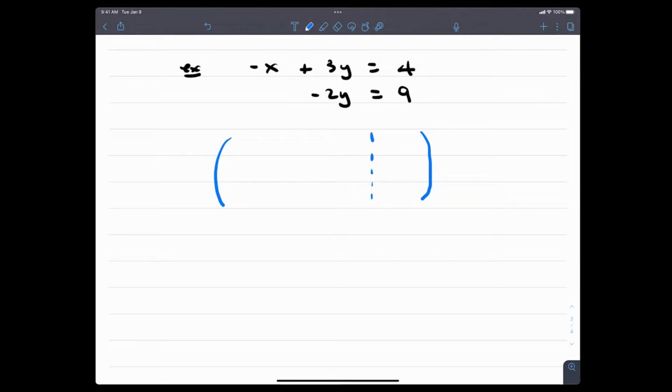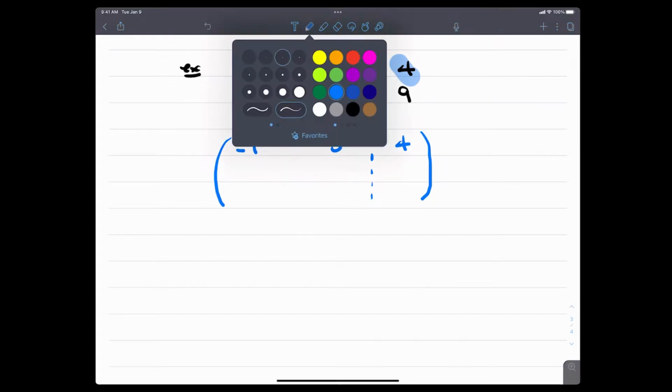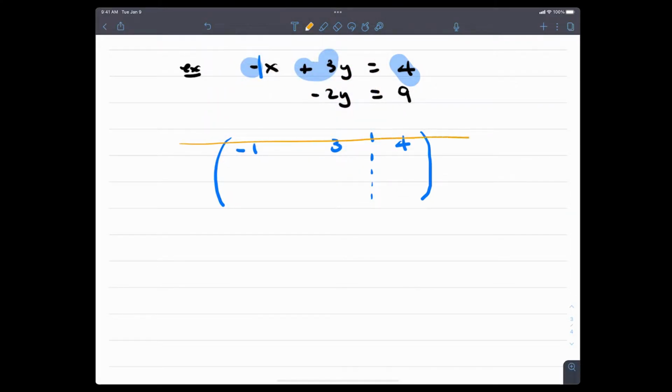What coefficient is in front of this x? Is it negative 1? Okay, so here's the negative 1. Good. And then what comes next? 3. Good. And then what comes after that dotted line? 4. This is known as row 1. Easy?